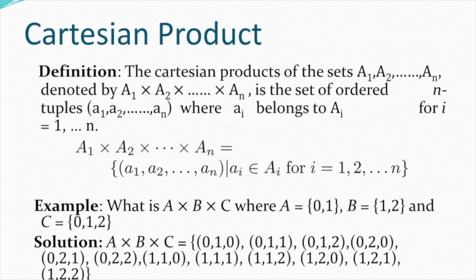So I will take 0 from A, then 1 from B, then 0 from C. Then I will take 0 from A, then 1 from B, then 1 from C. Then I will take 0 from A, 1 from B, and then 2 from C. And so on. So I will match every element in A, B, C with every other element in the other sets to make a tuple of data where we have different formations from a mix of each element in the sets.